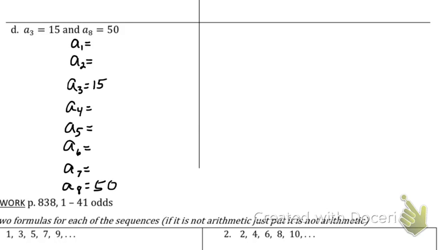Well, if I did that trial and error, I would add 2 here, here, here, here, and here. So I'd add 2, 1, 2, 3, 4, 5 times. So the way I look at that is it's 5 steps. I have 5 steps that I'd have to add 2 to, or whatever our common difference is. So we have 5 steps.